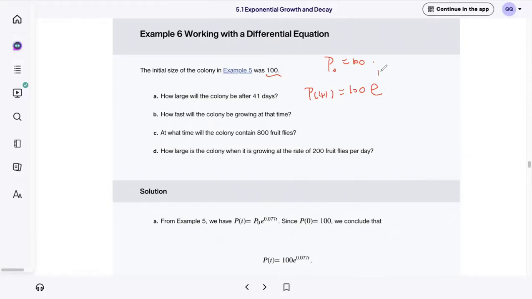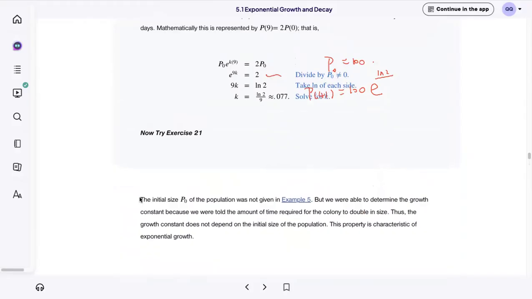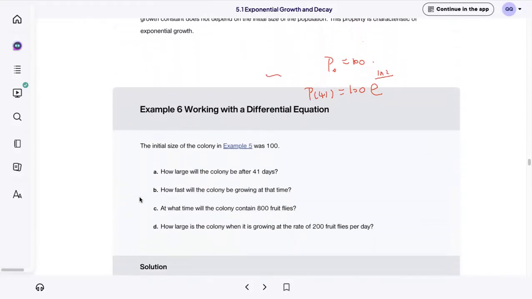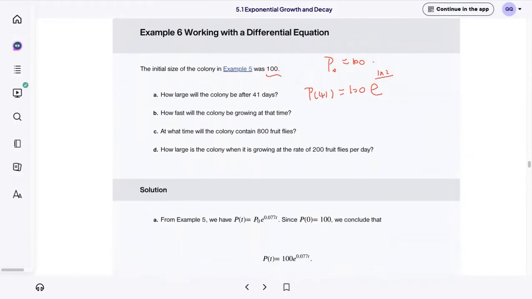Remember, I already found K, ln2 divided by 9, that's the K value. Or you could use 0.077.